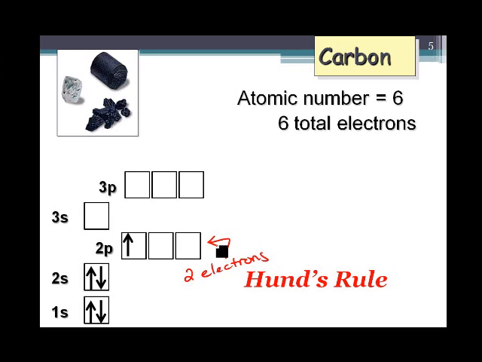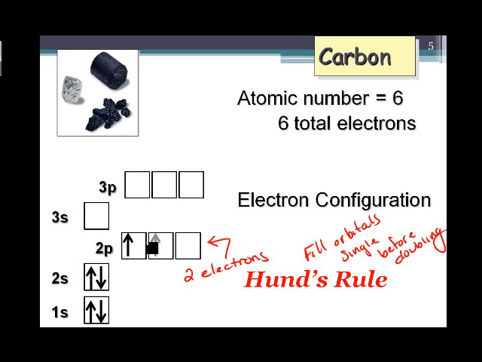And now it's the first time we're going to look at Hund's rule. Remember that Hund's rule says to fill orbitals singly. So instead of putting the downward arrow here, we're going to put a second up arrow in the second orbital.